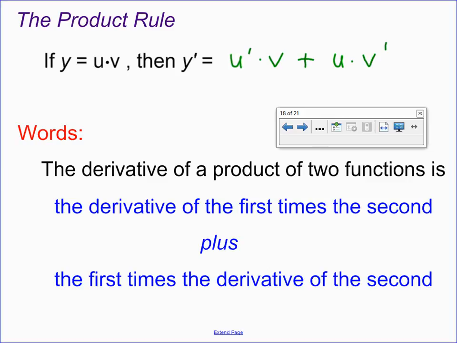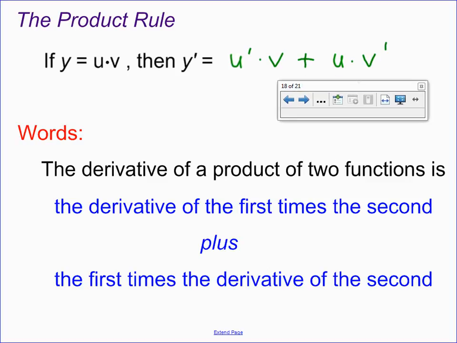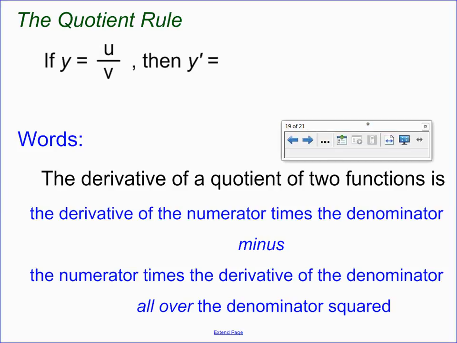In just a minute, I'm going to call on someone to share with us the derivative of a quotient of 2 functions using the prime notation for symbolic. So once again, we'll do the equation first with primes, and then we're going to state it in words. So be ready. Okay, if we're given a function y that's a quotient of 2 functions, call them u over v, then y prime is given by what?